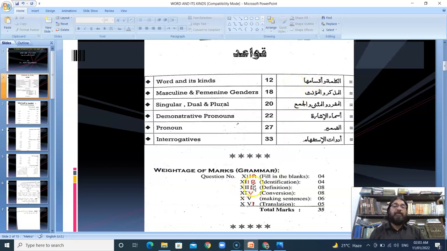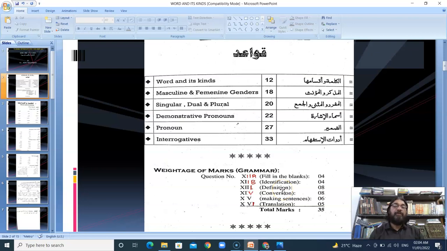Then after, bit number 12b, identifications, and under this you will be asked the masculine and feminine, identify male and female. So you must know the indications of feminine genders. Without knowing the indications of feminine genders, you won't be able to do this section, bit number 12b. Then bit number 13, definitions.